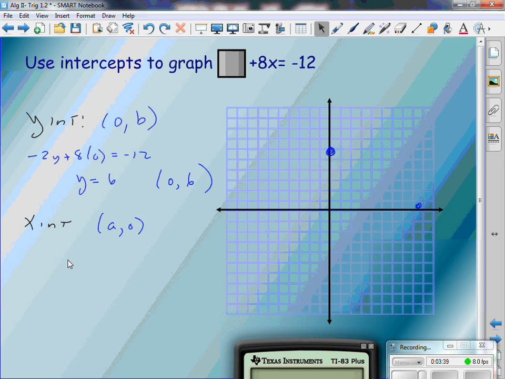And it's really going to say 8x equals negative 12. What's x equal to? What do I have to do? Divide by 8. X is, what goes into both? 4. How many times 4 go into 12? So it's negative 3 over 2. Negative 3 halves, comma, 0 is your x-intercept.